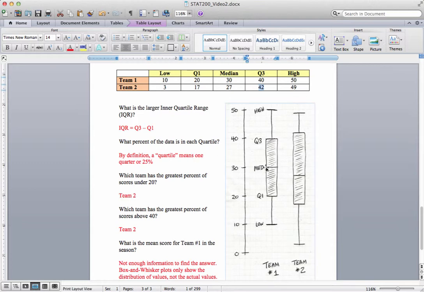If I have 50 samples, the median will be in the middle there at the 25 location, right? It'll be the middle number of samples. But I don't know what the mean is or the average because I don't know the actual values. I would need to know every score and then I would take the average, and that's how I find it.